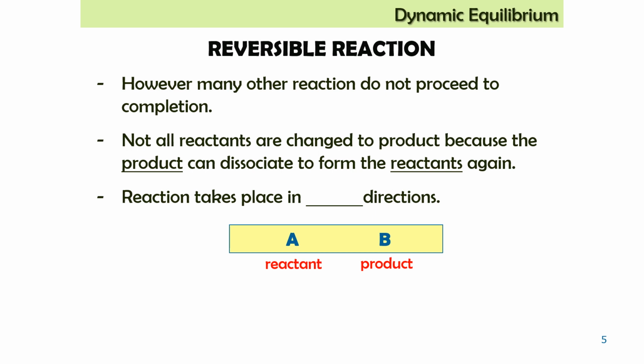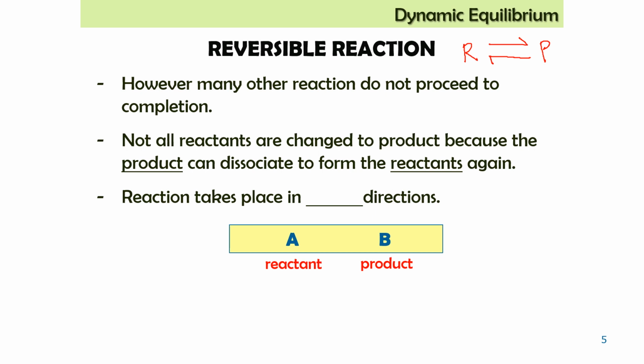Okay, so apa tu reversible reaction? Okay, it is when the reaction take place in both way. Maksudnya daripada reactant menghasilkan produk and produk boleh menghasilkan reactant ataupun decompose ataupun terurai untuk menghasilkan reactant semula.